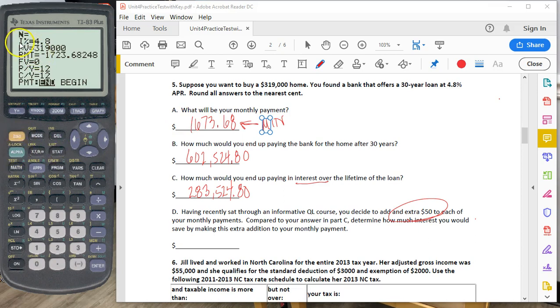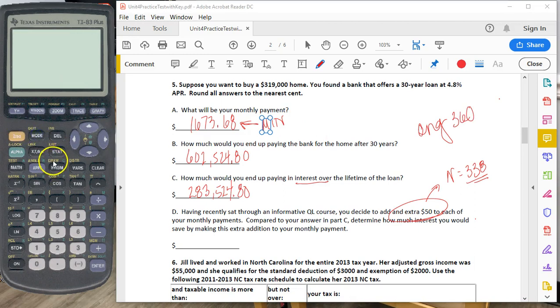When you clear out N, leave everybody else the same, leave the negative on the payment and hit alpha enter, you get 337.7 payments. So really, you would only have to make now, let's say 338 payments. Well, that's a lot less than the original, because the original was 360.